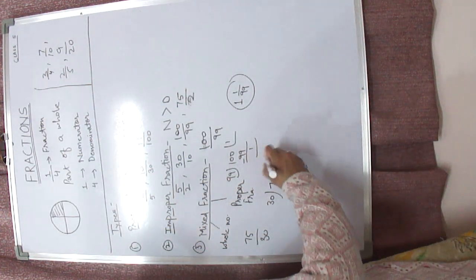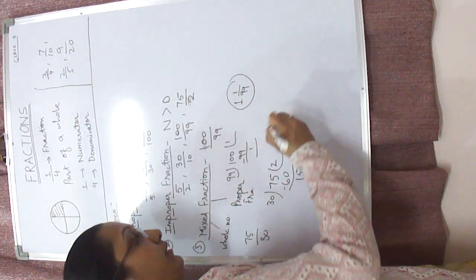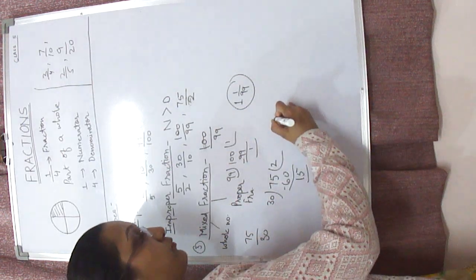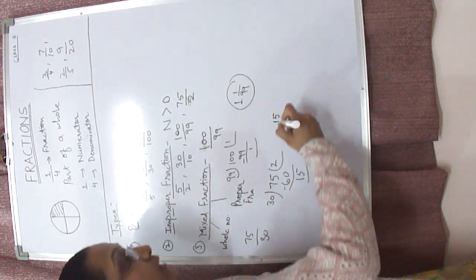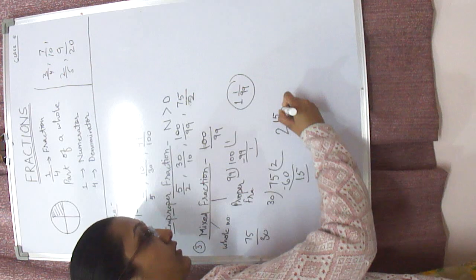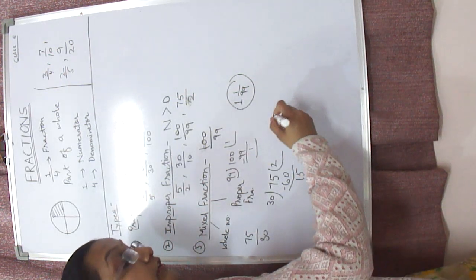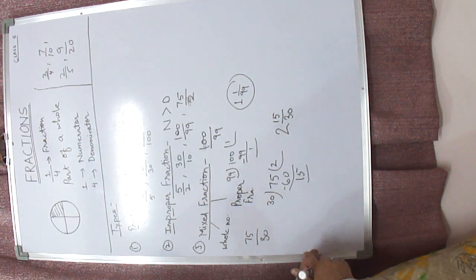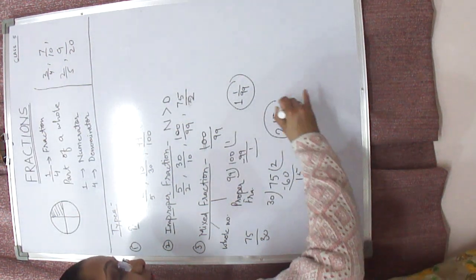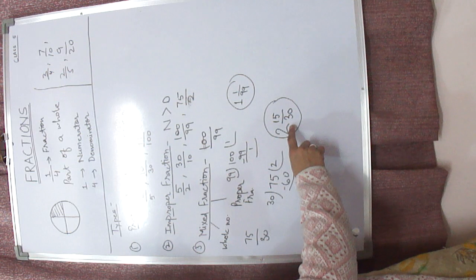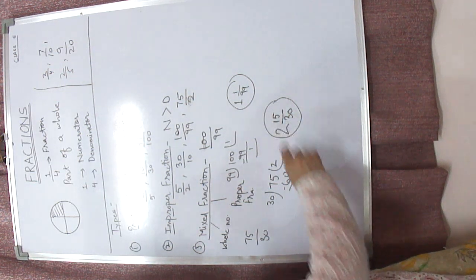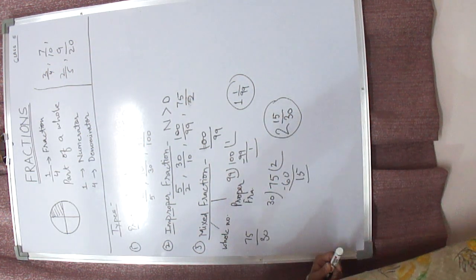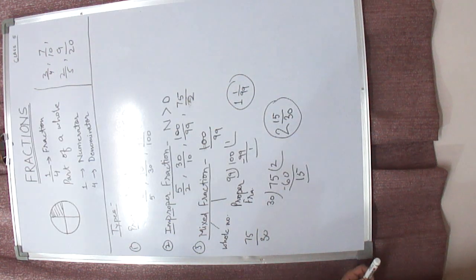So we all know this quotient becomes my whole number, this remainder becomes my numerator and divisor becomes my denominator. So 2 and 15 upon 30 is my mixed fraction because it is a combination of a whole number and a proper fraction. Okay, these are the three types. Let's move to the next.